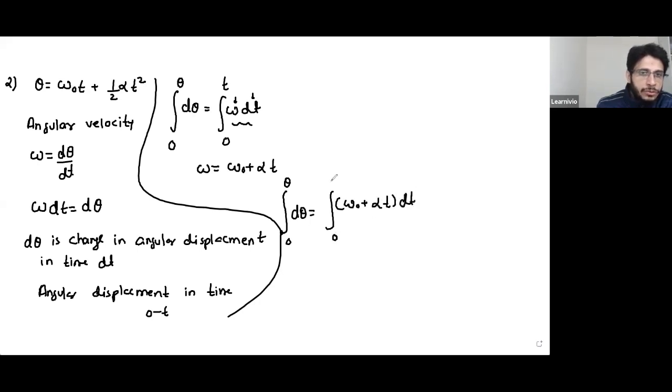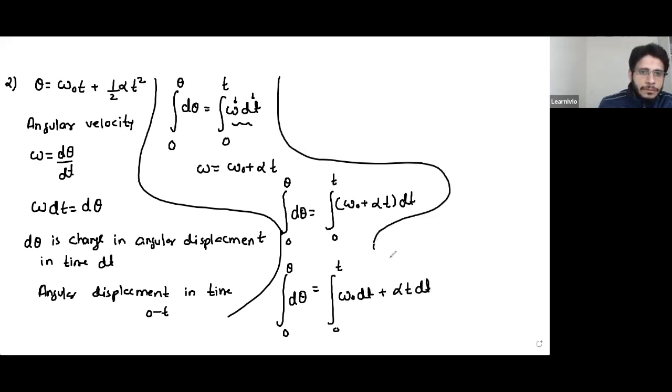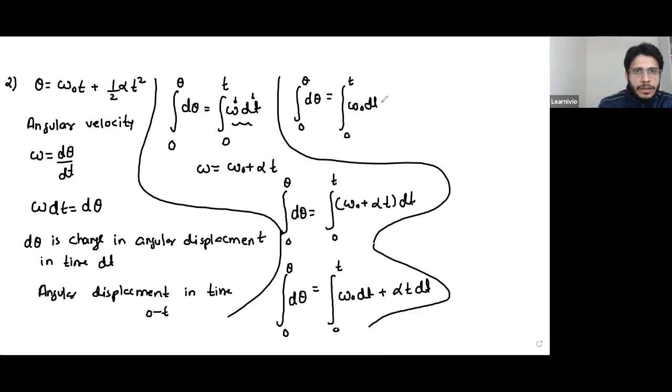The integral of d theta from 0 to theta equals the integral from 0 to t of omega naught dt plus alpha t dt.